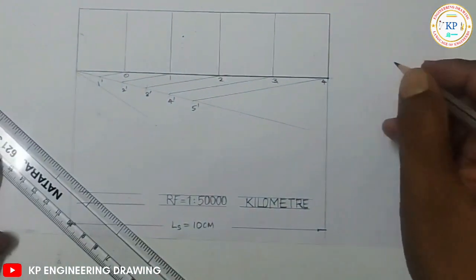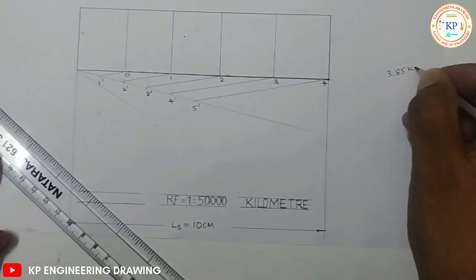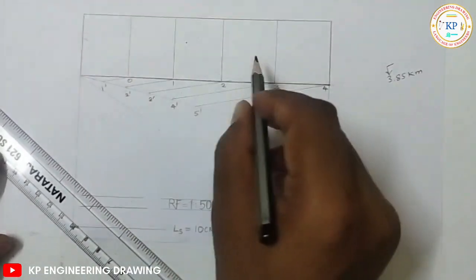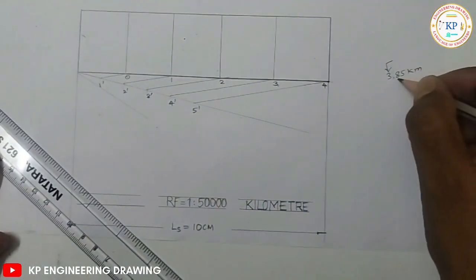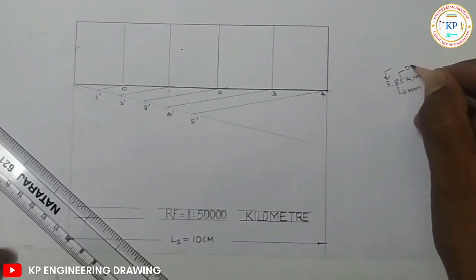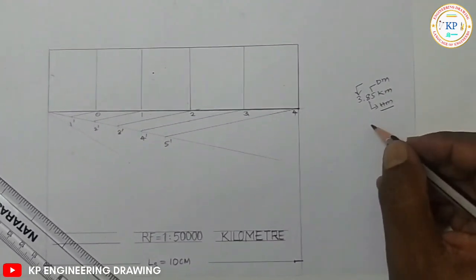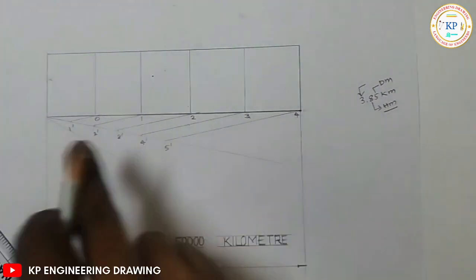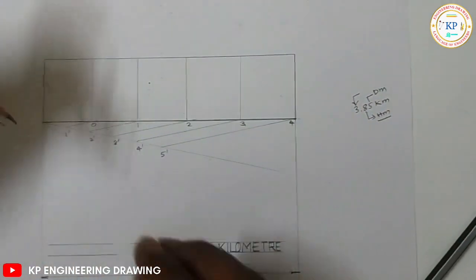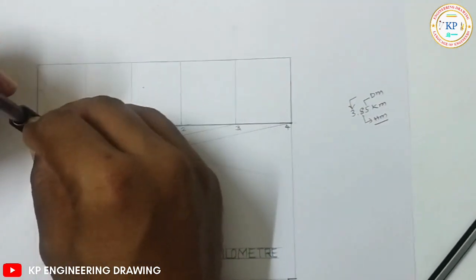Already the marking distance is 3.85 kilometers. So already the main scale in kilometers we have drawn: 1, 2, 3, 4, 5. Next we need to draw, this is 8 hectometers and this is 5 decameters. So its subscale should be hectometer. 1 kilometer is equal to 10 hectometers. So divide this 1 kilometer into 10 equal parts again.